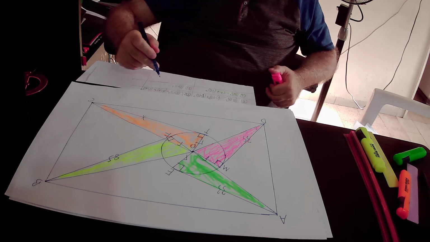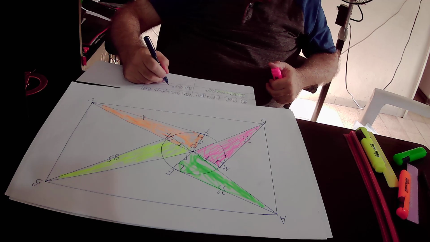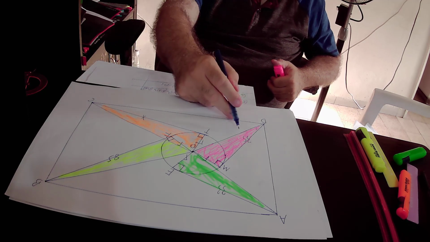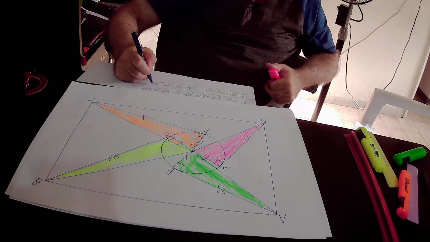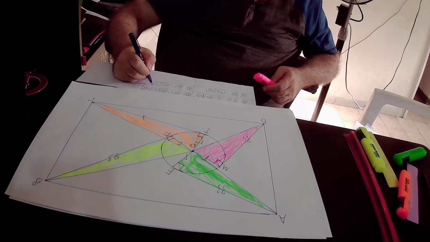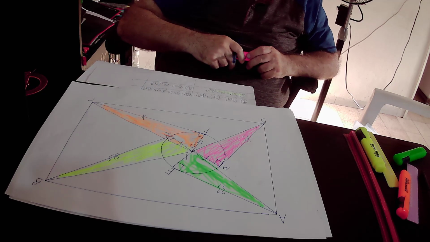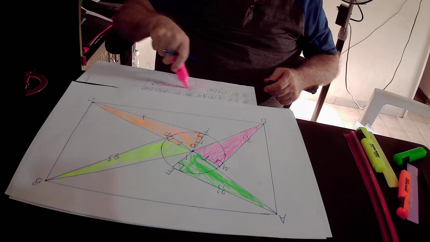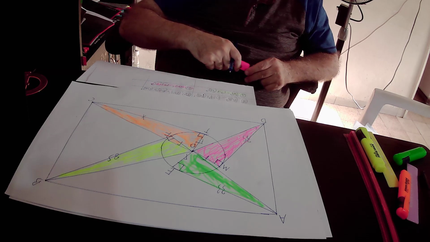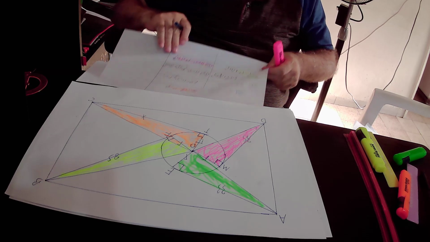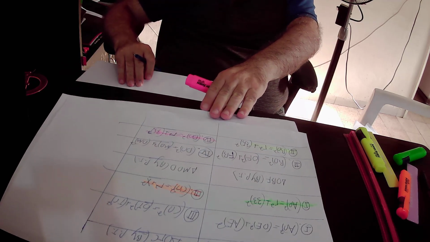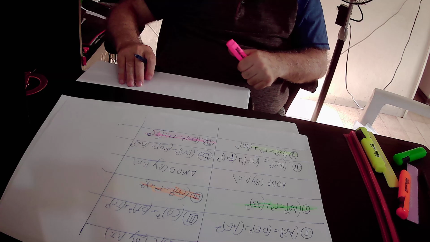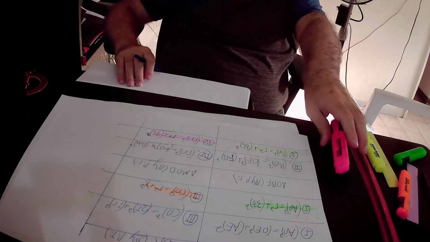MO equals R, therefore MO square is R square, plus DM square. DM equals 35, therefore DM square is 35 square. In conclusion, according to equation number 4, DO square equals R square plus 35 square.